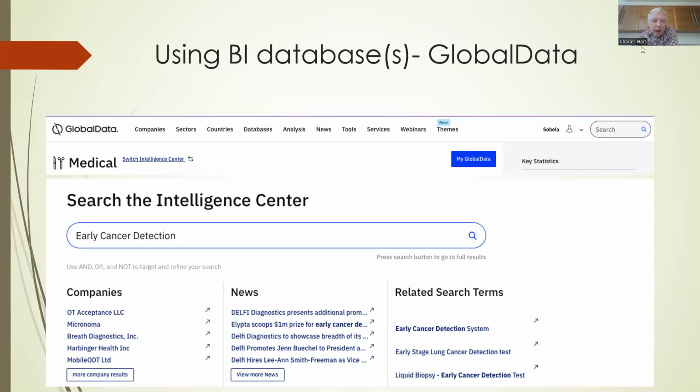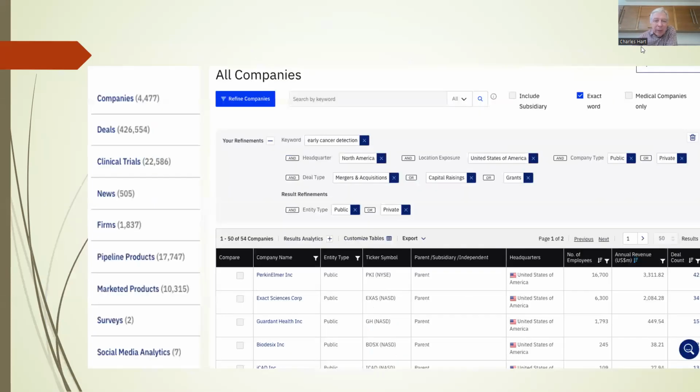Okay, GlobalData, again, this is another one of those pull-down menus. This is the Intelligence Center. Pretty grandiose term for it, although pretty clever, the Intelligence Center. Actually, I really like it now. So if you go to the Intelligence Center, you can find out about the competition and the like. These are a list of companies that are in the space. Guardant Health, I mentioned.